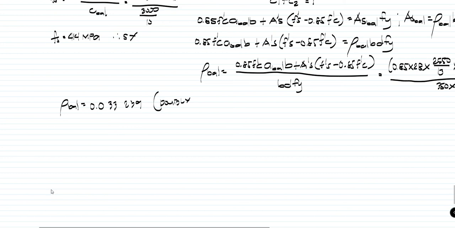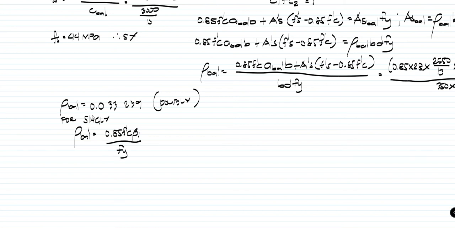Let's compare that to our rho balance for singly. So I'll just get the derived equation for the rho balance of singly. For singly, we have here the derived equation, which is 0.85 f'c beta 1 over Fy times 600 over 600 plus Fy.